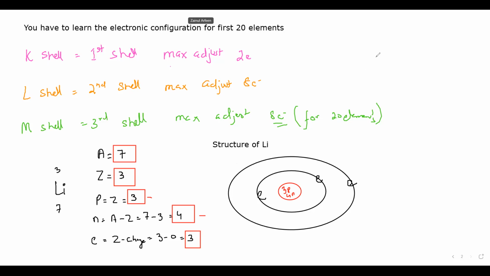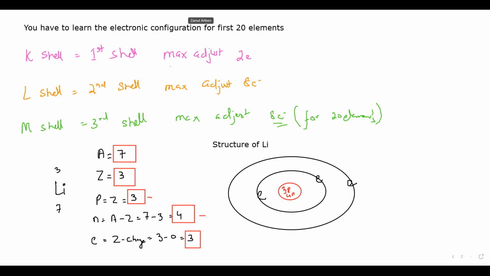Is it clear? How to draw the structure of lithium: using the number of protons, neutrons and electrons. Protons and neutrons are in the center, so we draw them in the center, and electrons are revolving.